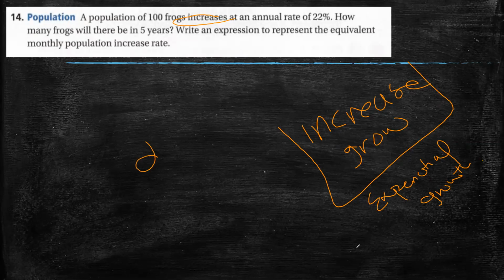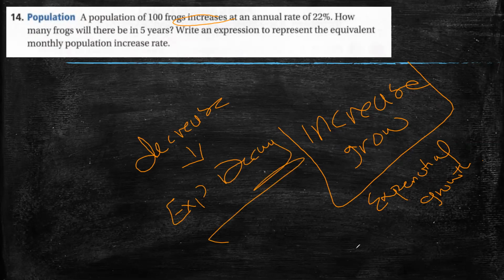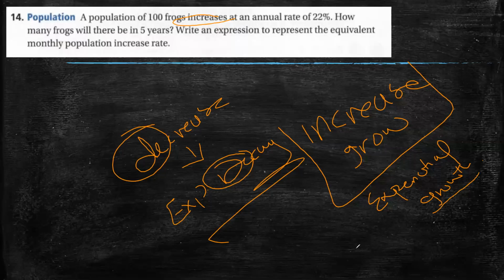And if you see the word decrease, we will talk about exponential decay. So if you see increase or grow, it is exponential growth, and if you see decrease, I'm talking about decay. From its word: decrease, decay. Grow, growth, or increase, growth.